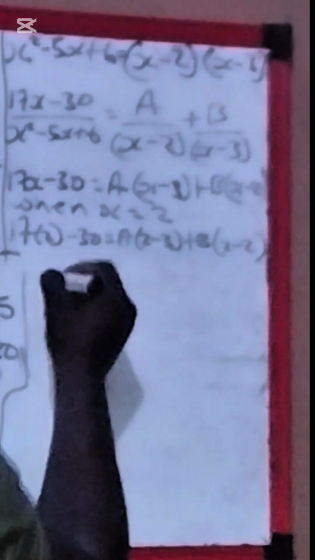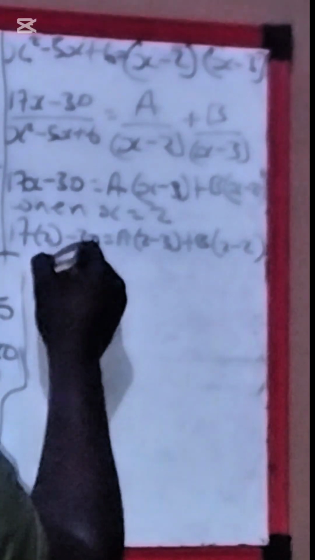That's the first one we substituted. Then we have 17 times 2, which should give us 34.